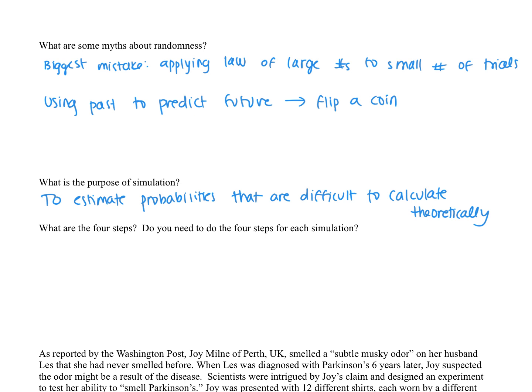So, okay, 4 steps. What do you need when we say describe a simulation? First thing that you are going to do is describe what the numbers represent. And then you're going to tell me, are you using replacement or not?